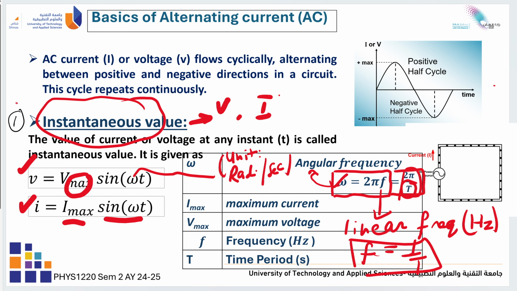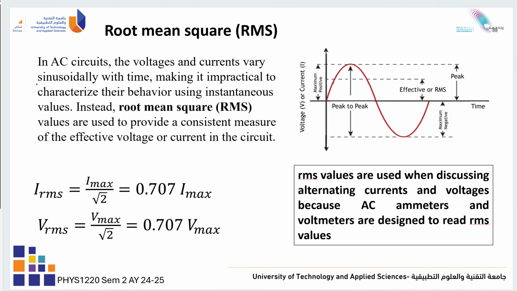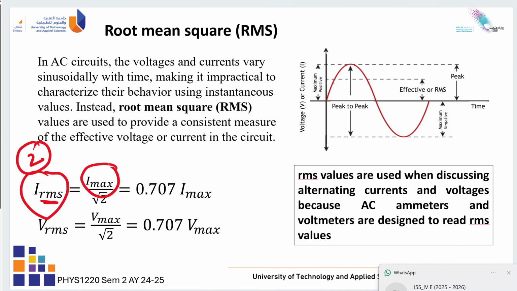The second type is the RMS values. And the third type is the maximum values.